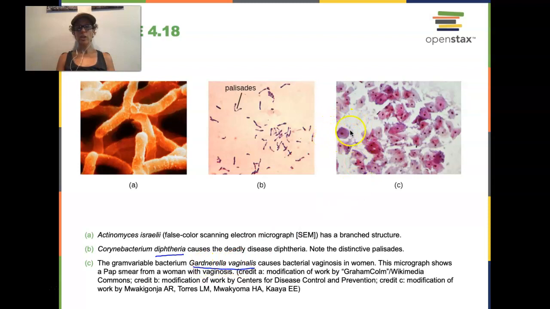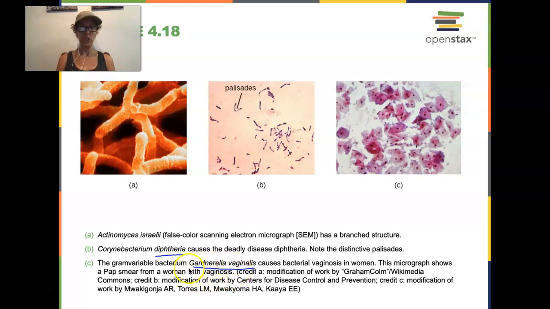The large cells are epithelial cells from the vaginal wall, and the dots are the Gardnerella that surround it. So this was from a pap smear. The person that they sampled this from had vaginosis. And so "itis" means inflammation of. "Osis" means a condition of.